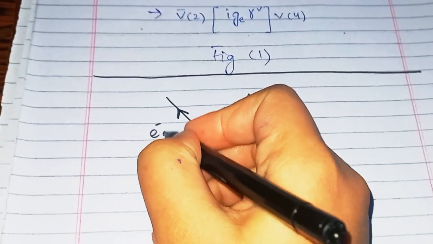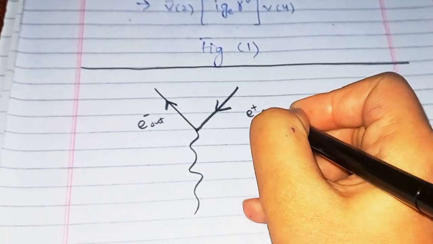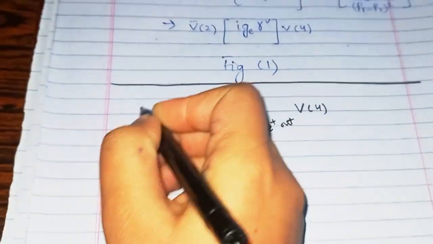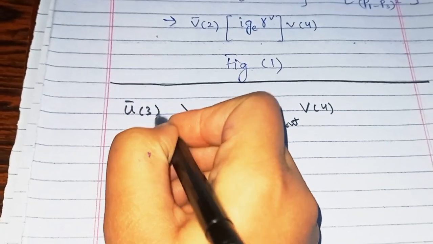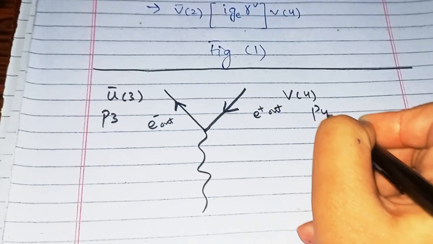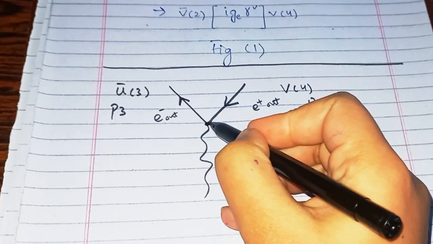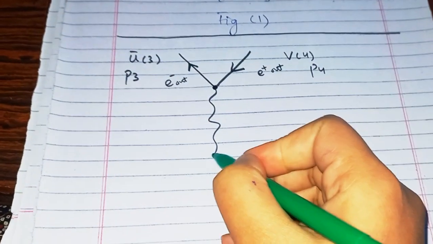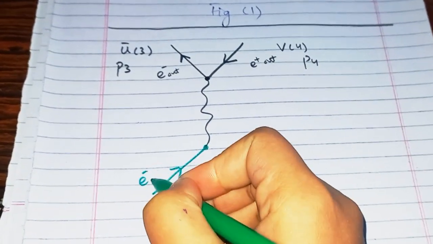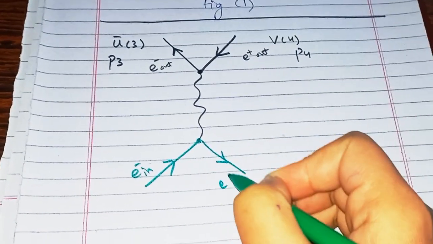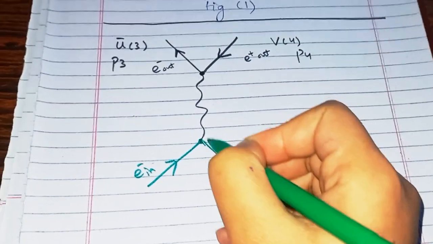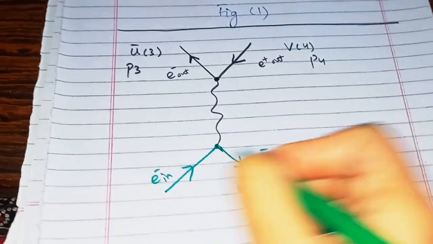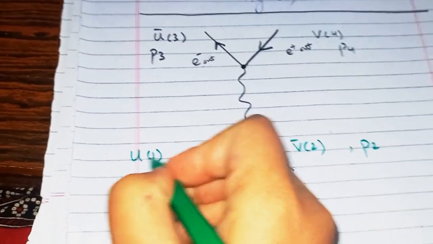So it's electron out, positron out. Yes, this is v of 4, and this is u bar of 3, this is p3, this is p4, this is one of the vertices, and then we have electron in, positron in, annihilation at this point, v bar of 2, p2, and u of 1 and p1.